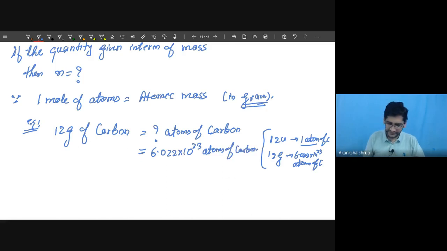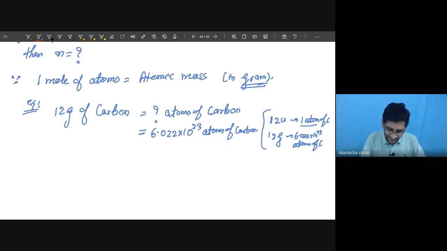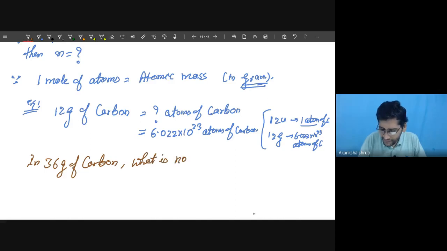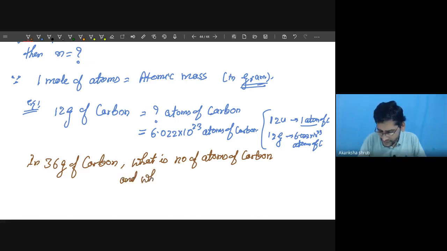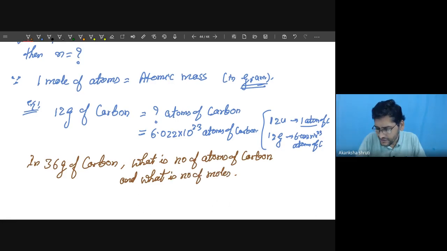Okay, student, it is like this. Say the question is like that: if you are given 36 gram of carbon, what is the number of atoms of carbon, and what is the number of moles of carbon?